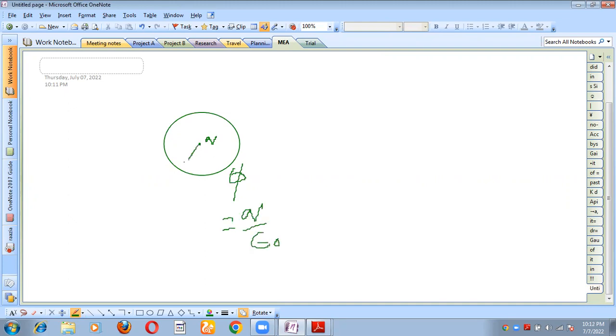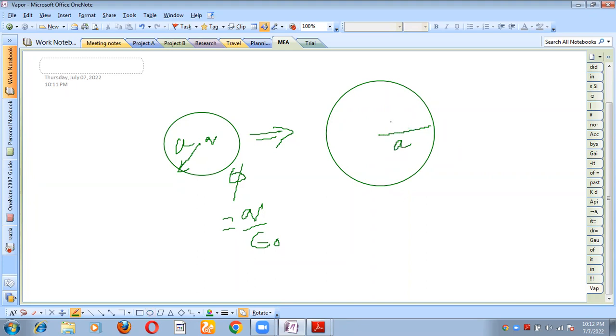Correct? Suppose its radius is a. Now what happens? We made it double. The radius becomes 2a, with charge Q at the center. Now we have to find the flux. What will be phi?